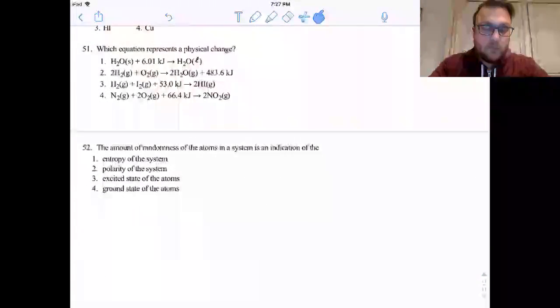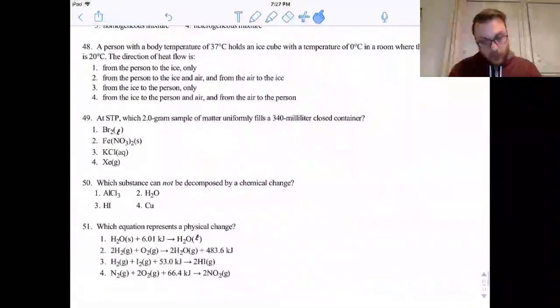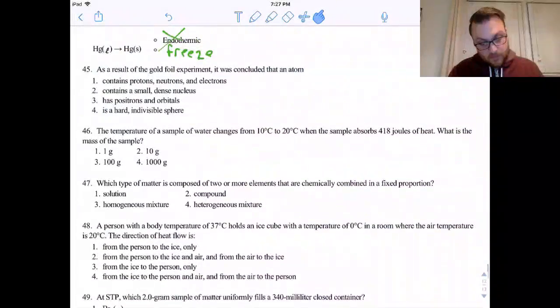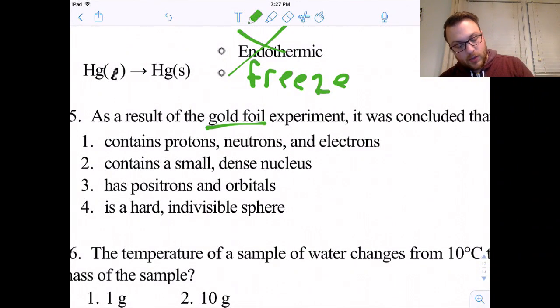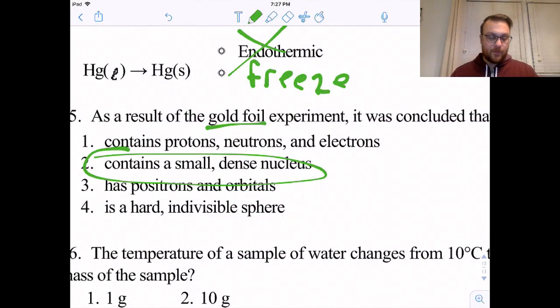The gold foil experiment. That was Rutherford. Choices 1, 2, 3, and 4 are all true things discovered at some point. Which one was specific to gold foil is the question. Gold foil discovered two things.